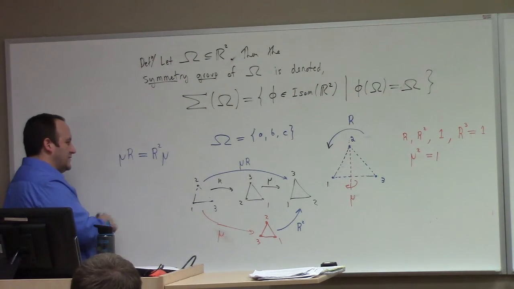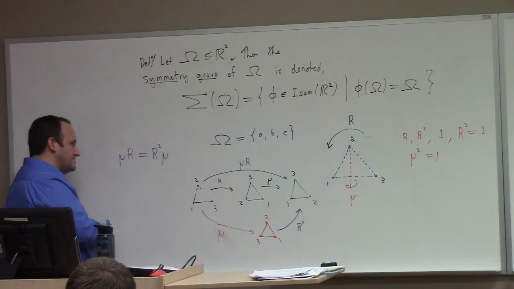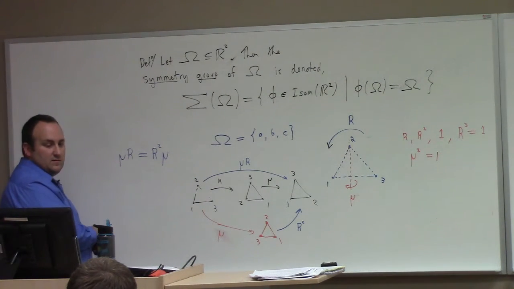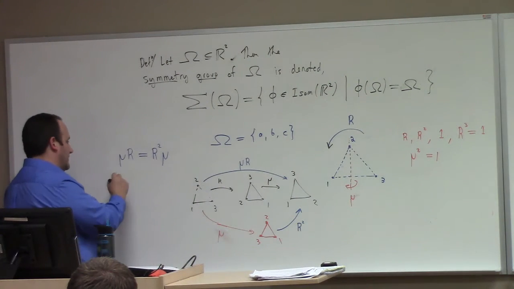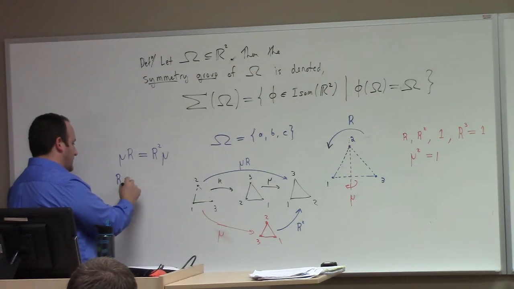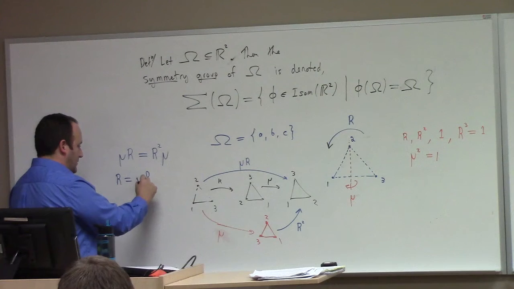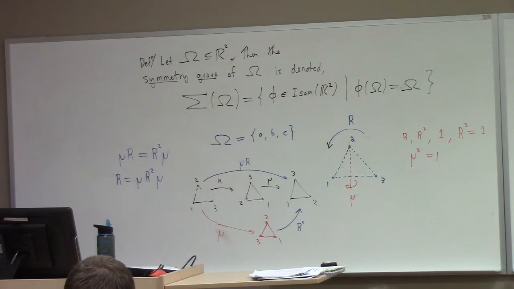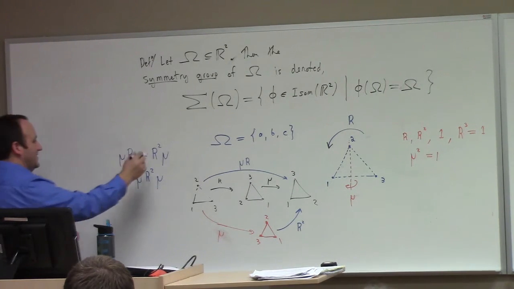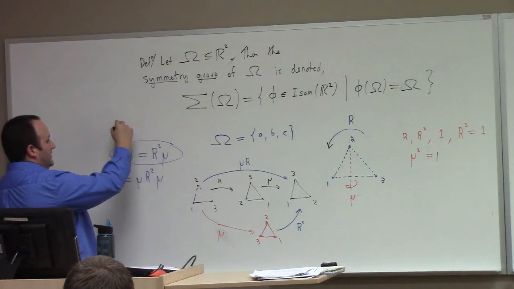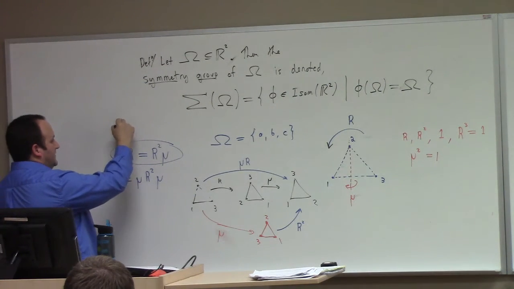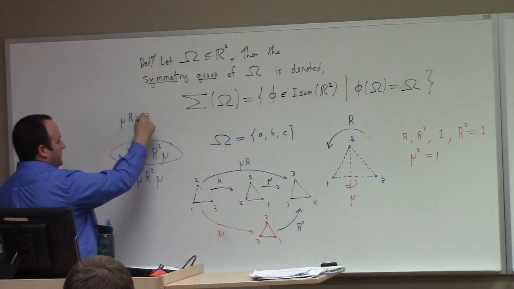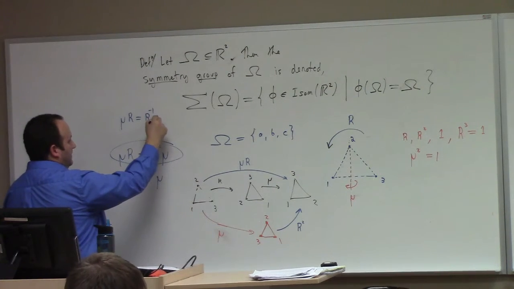How about if we multiply mu on the right side. Okay, so this is r is equal to mu r squared mu, among other things. The way I look at this is mu r is equal to r inverse mu.